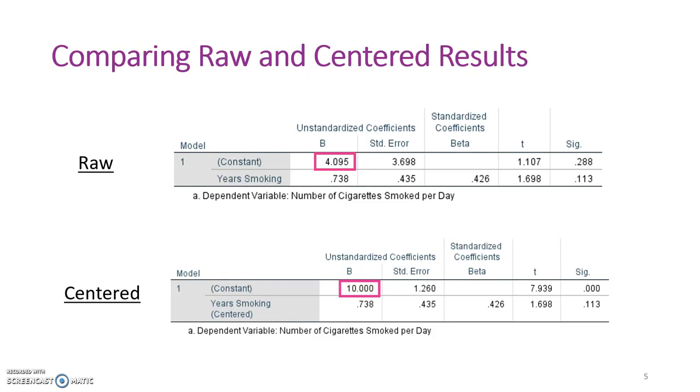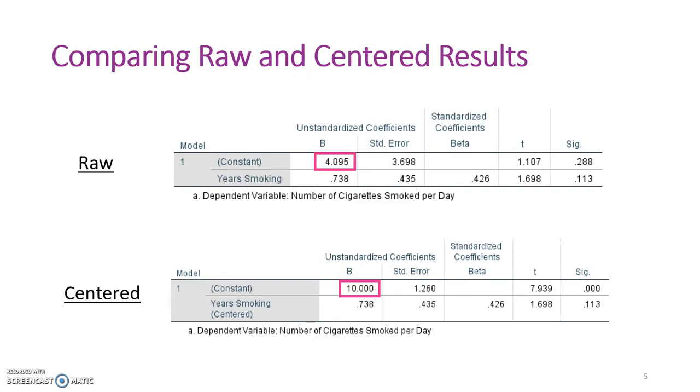Now, when we use the centered predictor, if we look at the intercept from the results with the centered predictor, the new intercept is now 10. Now, this is saying that a person who had been smoking on average, at the average, which would be 8 years, smoked 10 cigarettes per day. And if you recall from the descriptive statistics, that's actually the average of the outcome. So now the intercept is interpretable because it's telling us what the average of the outcome is.